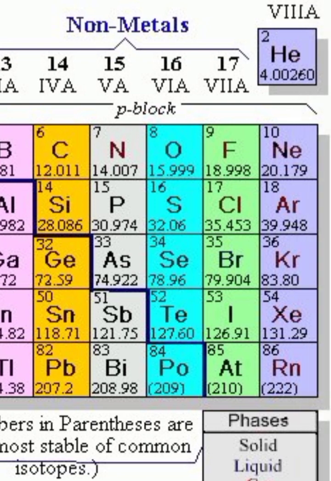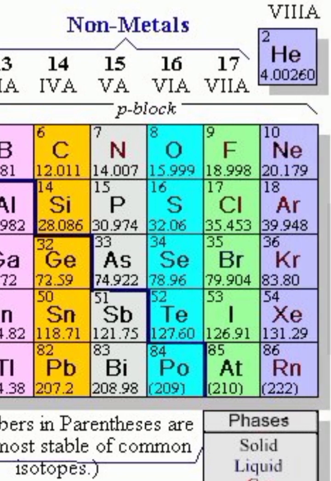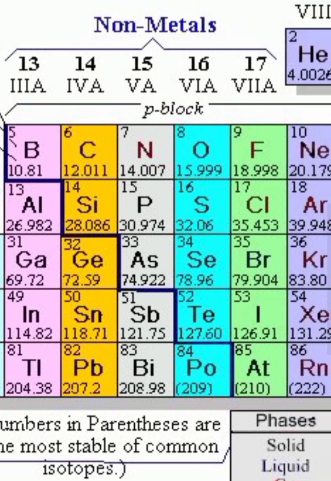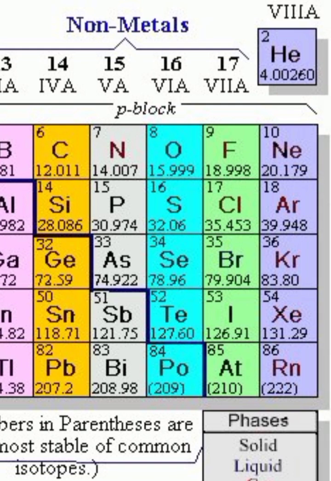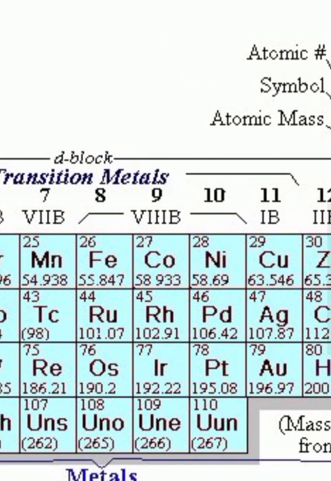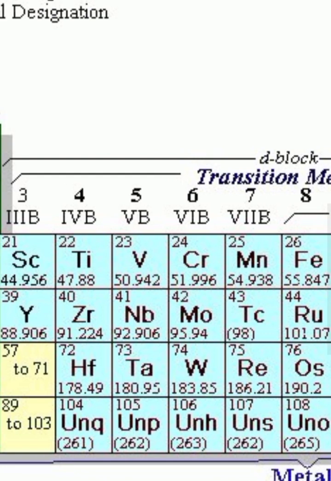Then group 5, the pnictogens, group 6, that is group 16, the chalcogens, group 17, the halogens, group 18, the noble gases. Remember I told you group 13 is also known as group 3, group 14 as group 4, group 15 as group 5, group 16 as group 6, group 17 as group 7, group 18 as group 8. They are the A's. Then the other, the transition metals, are the B part of it.